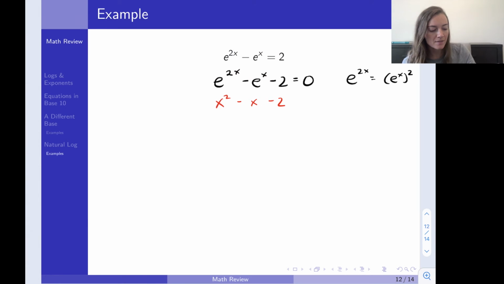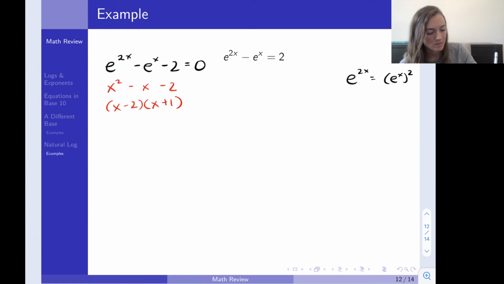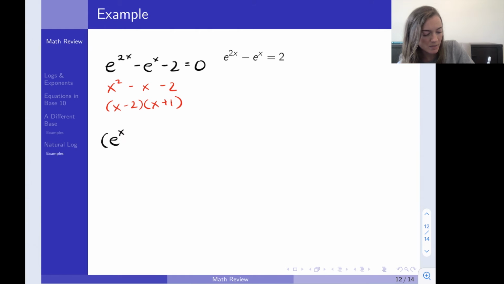So just like I can factor x squared minus x minus 2, that will factor to x minus 2 and x plus 1. So I'm going to factor this into this, but just replacing the x with e to the x. So I have e to the x minus 2 times e to the x plus 1 is equal to 0.